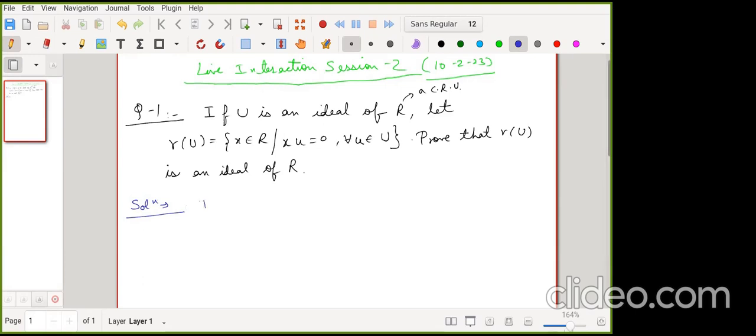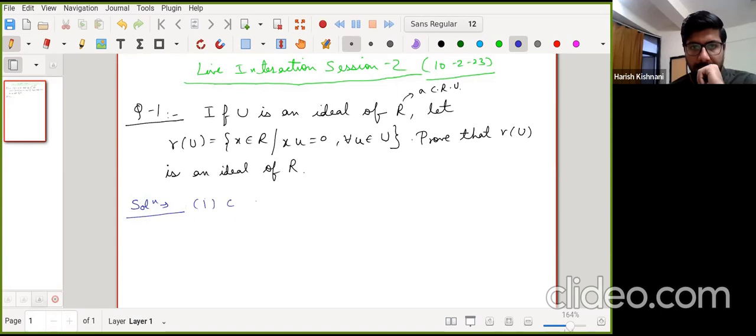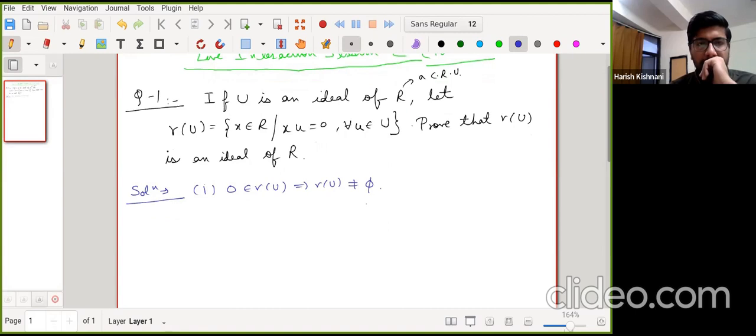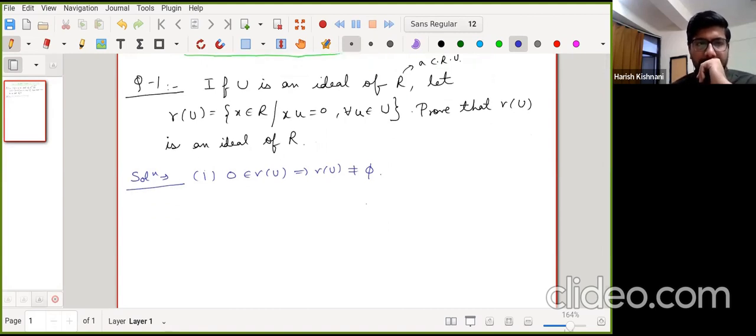Good. 0 belongs to R of U, and that implies that R of U is a non-empty set. The second thing is, of course, to check that R of U forms an abelian group.